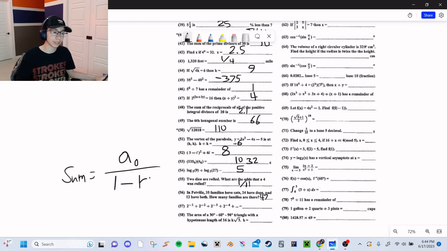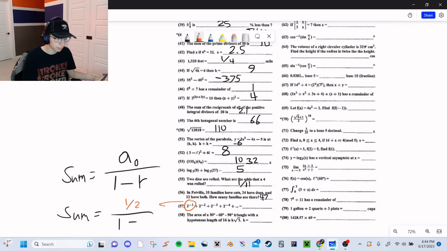Let's plug this in. What's our first term? It's 2 to the negative first, so that's going to be 1/2. And what's our rate? Well, we're multiplying by 1/2 each time to get each next term. Our rate's 1/2.